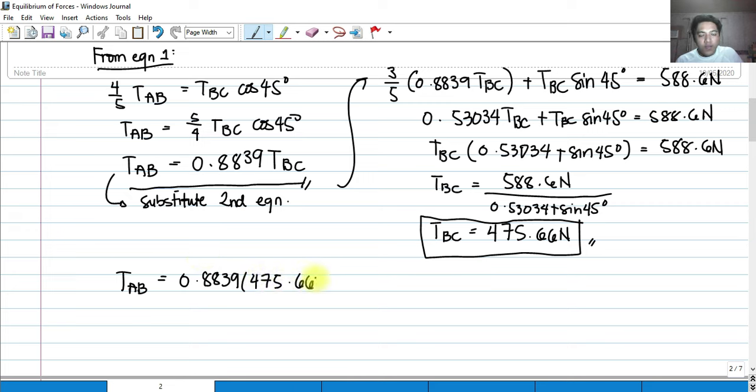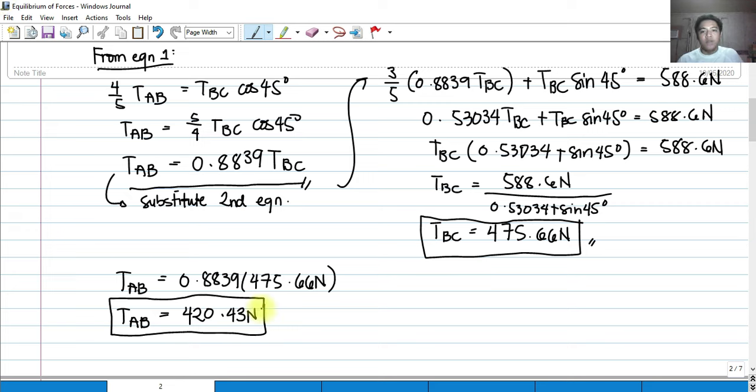So 475.66 newtons. So the value of T sub AB should be 420.43 newtons. And that is our answer. Those are our two answers for this problem.